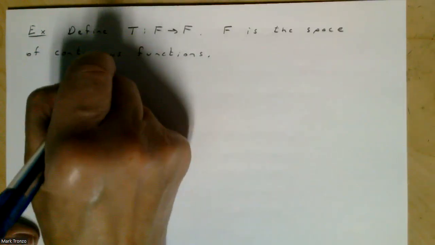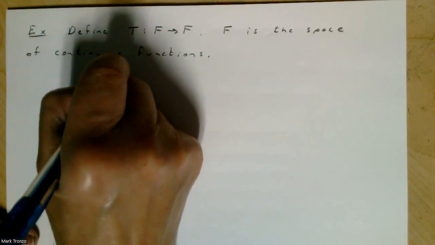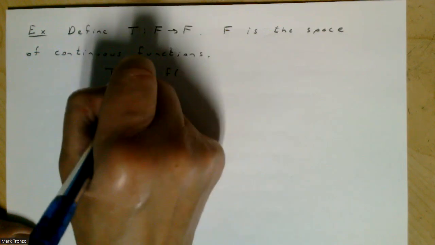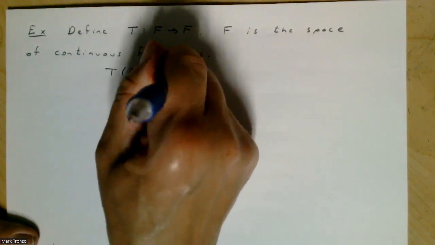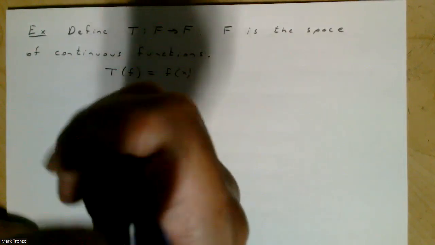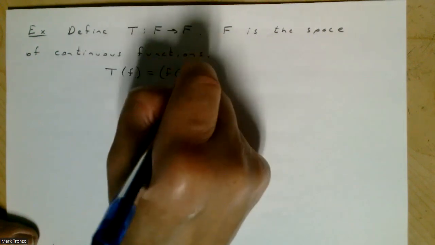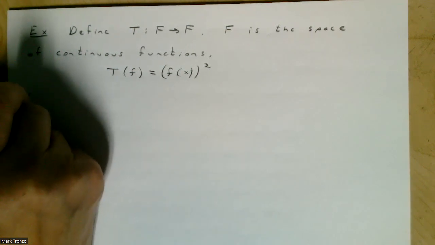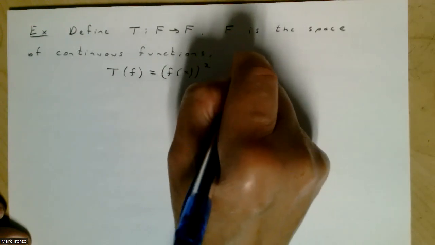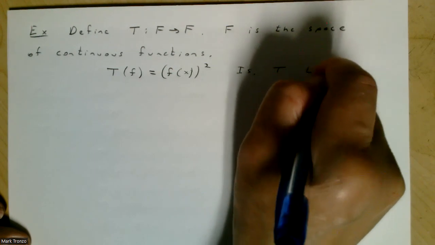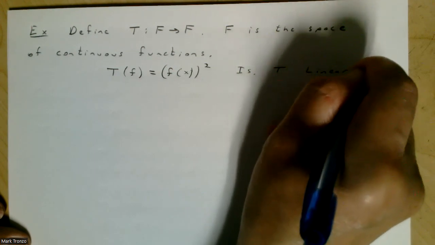We have this, and then our transformation, so we have our function, and let's say it's a function of x. I'm going to leave the x off, maybe just at the beginning here I'll put it in, just for clarity later I'll leave it off. So the transformation is squaring our function. Is T linear? Is it a linear transformation?